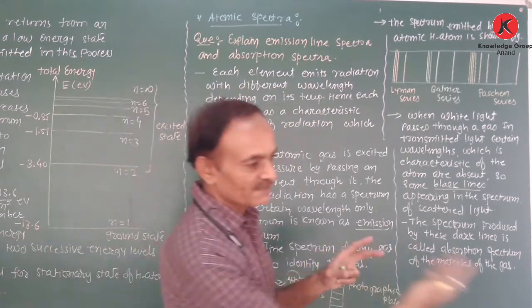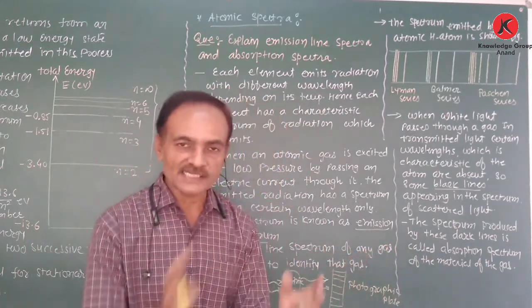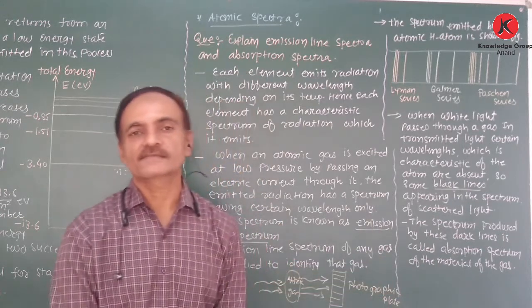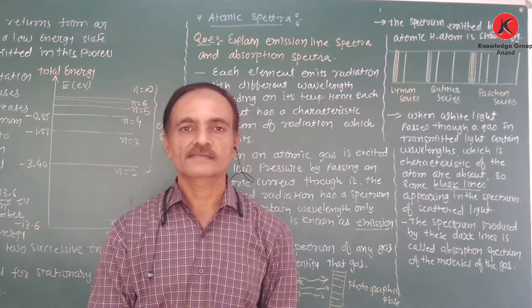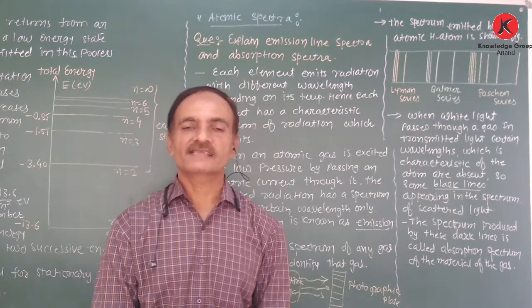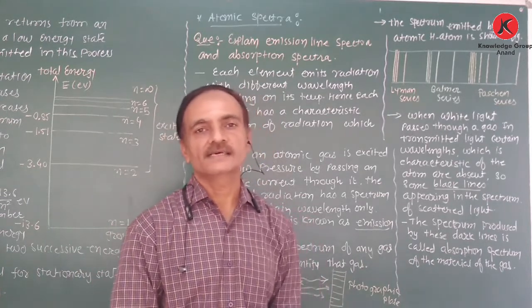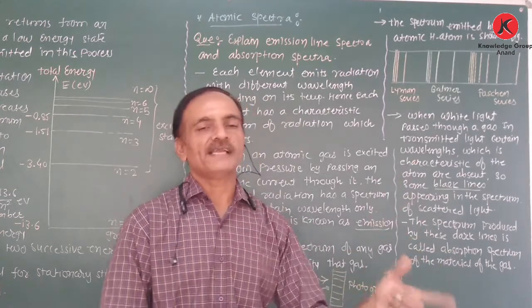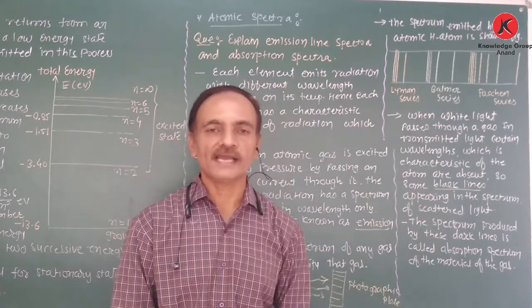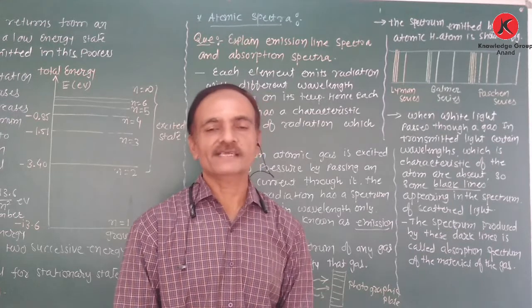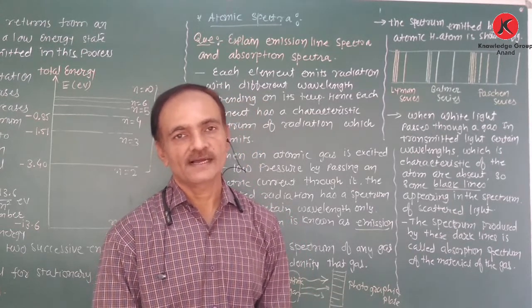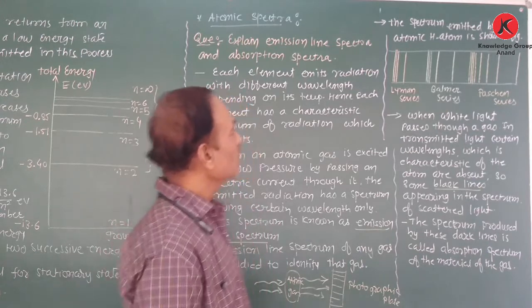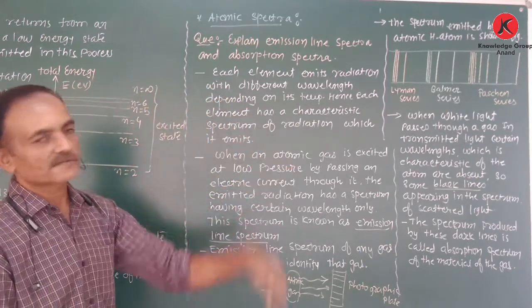Therefore, in the transmitted light some wavelengths are missing. At the place of the missing wavelengths, on the photographic plate, we obtain dark lines. This spectrum is known as the absorption spectrum. Clear? So, there are the emission and absorption spectra.